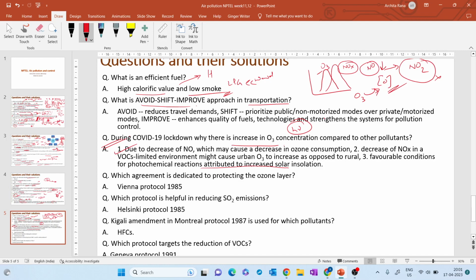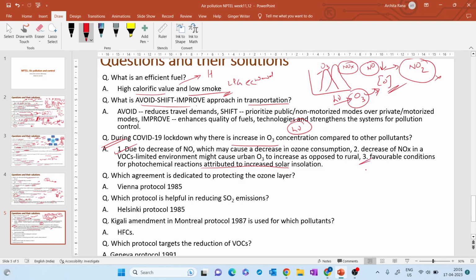But because the sky is clear and there is no pollutant, this solar insolation is a lot more. Sunlight is one of the primary catalysts, you can say, for the formation of ozone. That is why ozone is formed.